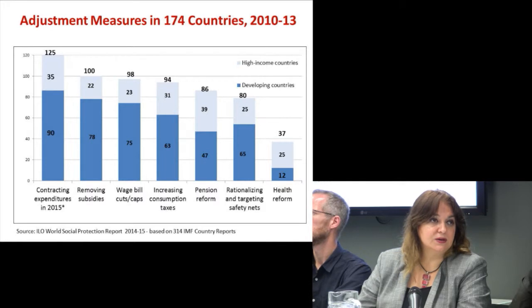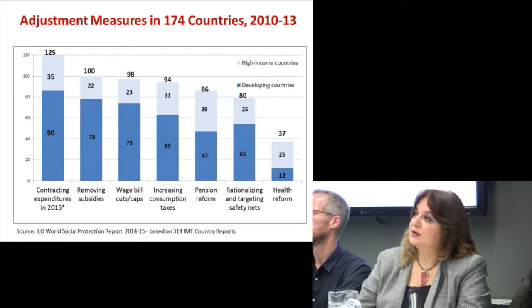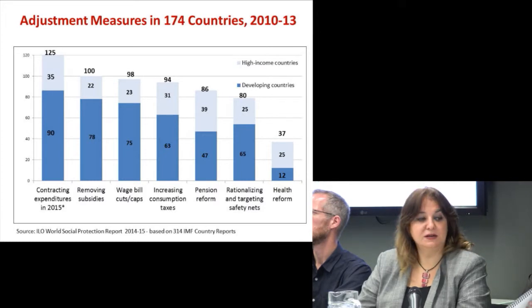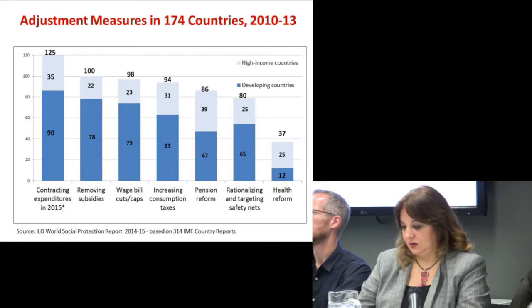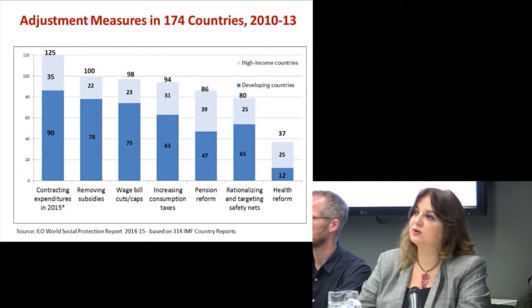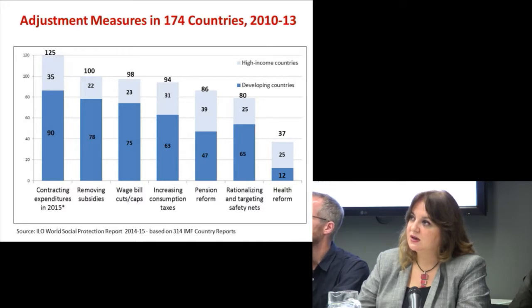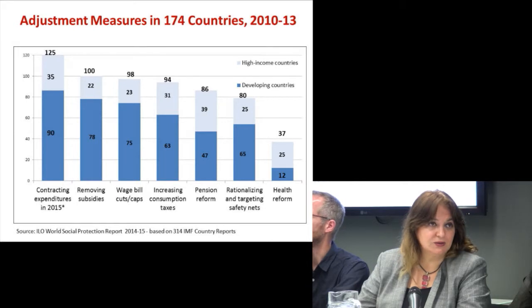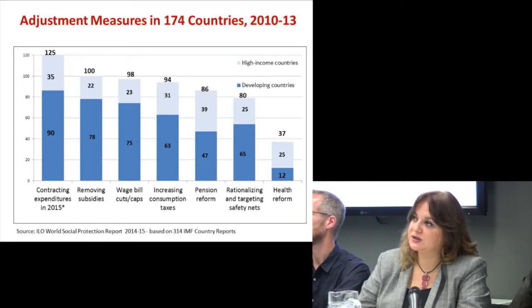That means the civil servants, including health and education workers. So that clearly has an impact on the health, education, and other social services they're going to deliver. 94 countries are increasing consumption taxes. 86 countries, of which 47 are developing countries, are considering pension reforms.